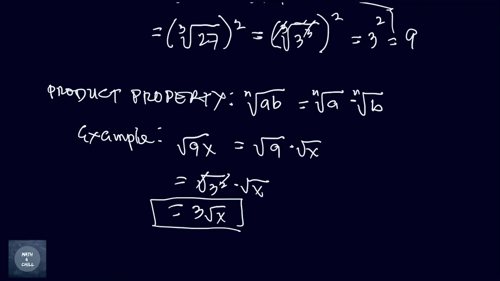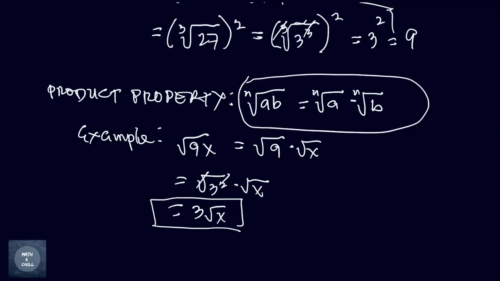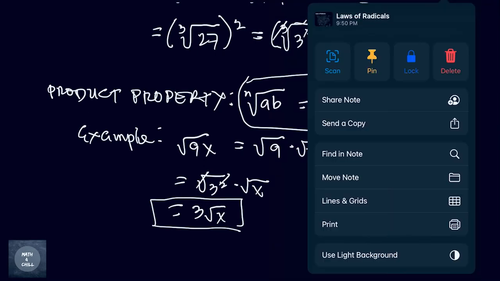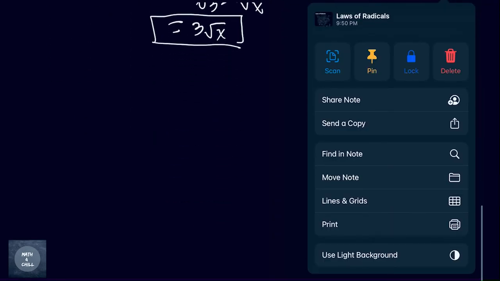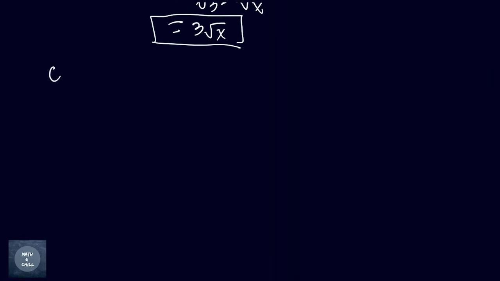Product property states that the nth root of a times b is equal to the nth root of a multiplied by the nth root of b. So let's proceed to the quotient rule or the quotient property. Quotient property.